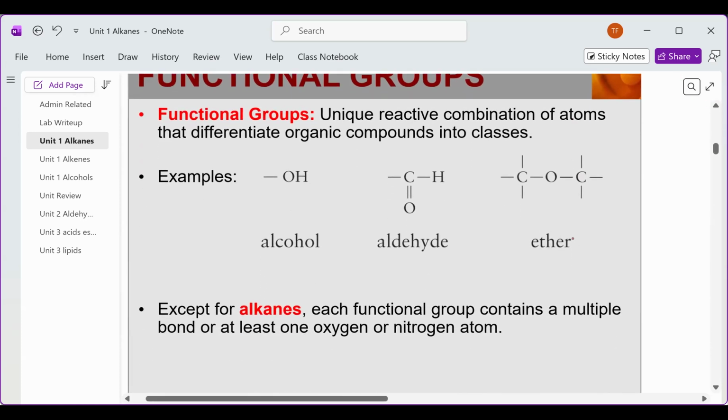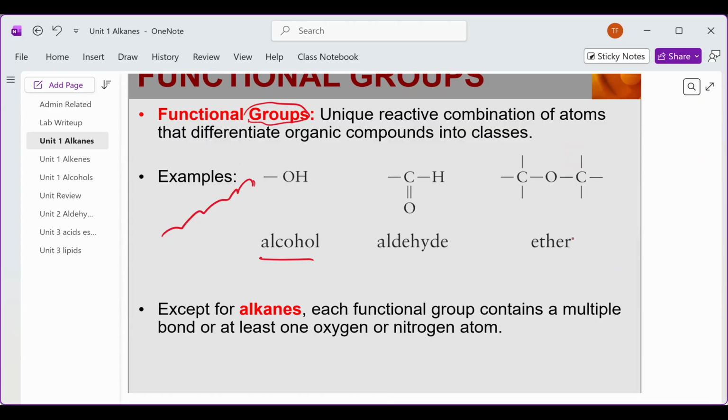Okay. Besides the carbons, there's something called a functional group. The functional group gives the carbons classes or ways of reacting. For example, this is an alcohol. In other words, you have a carbon backbone here.